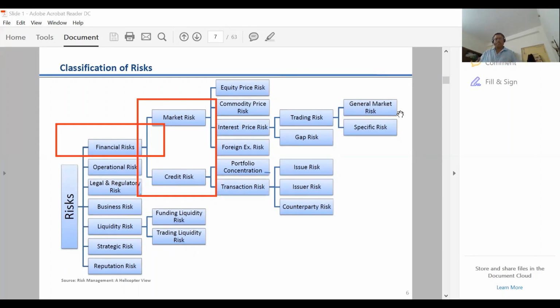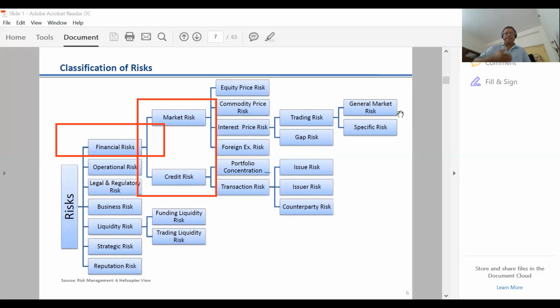If it is the equity market, it is called equity price risk. If it is in the commodity market, it is called commodity price risk. Simple. So anything which fluctuates on a day-to-day basis, hourly basis, or minute-to-minute basis in terms of pricing, that is called a price risk.